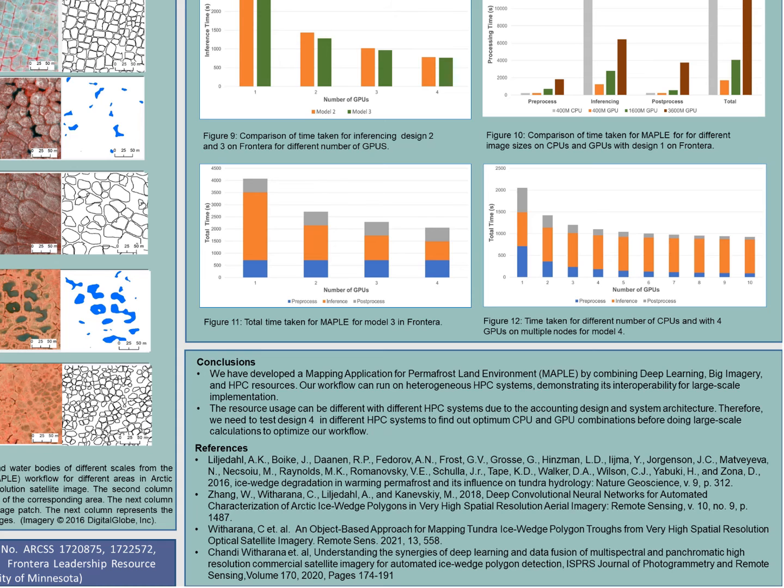The resource usage can be different with different HPC systems due to accounting design and system architecture. Therefore, we need to test our design 4, which is our optimal design, on the HPC system to find out the optimal CPU and GPU combination before doing large-scale calculation to optimize the workflow.